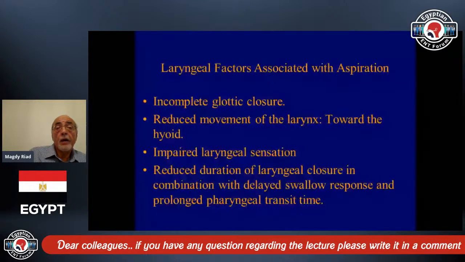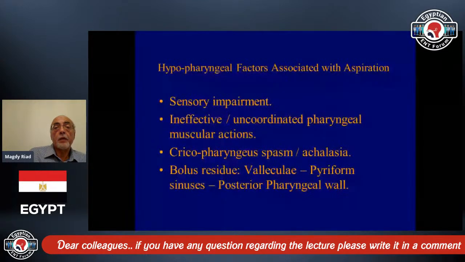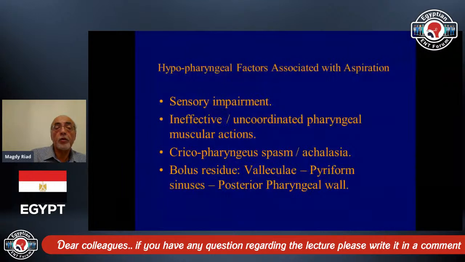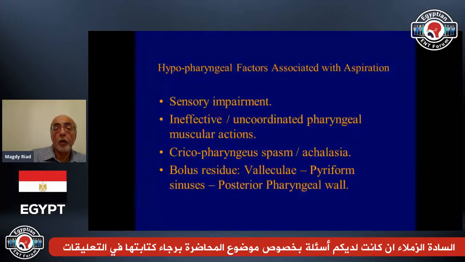And there are other factors in the hypopharynx, including sensory impairment or ineffective or incoordinated pharyngeal actions, spasm in some of the muscles, particularly the cricopharyngeus, and that would be reflected in some inefficient swallowing, and some of the bolus would stay around, hanging either in the vallecula or the pyriform fossa or just on the posterior pharyngeal wall.